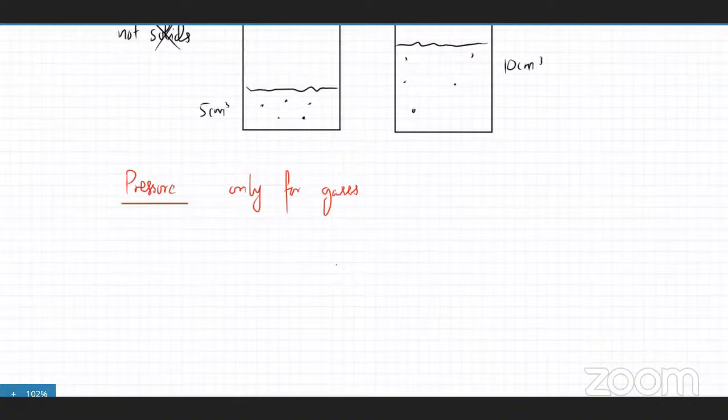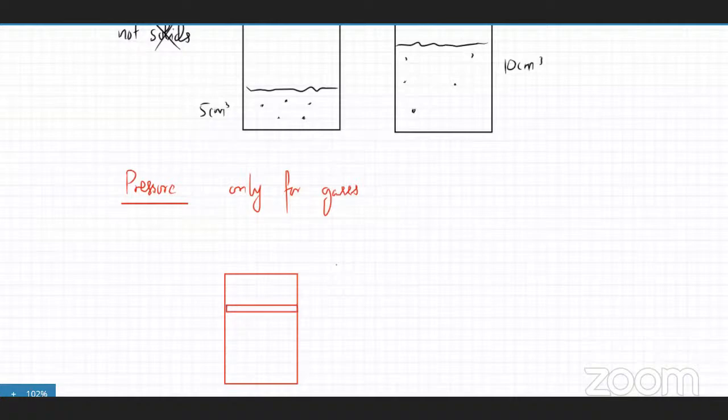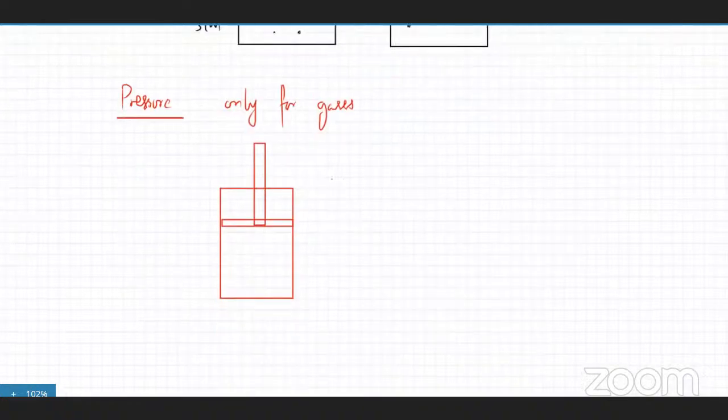If I have a container with a movable piston, the gas particles always occupy the whole volume, right? Right now the particles are far away from each other, so they have to travel a long distance before they collide. So it's going to be slower, it's going to take time.